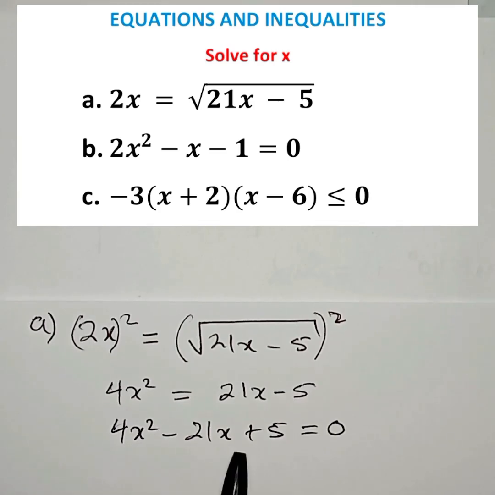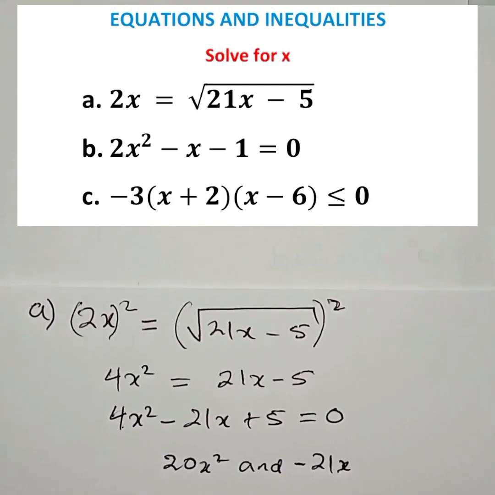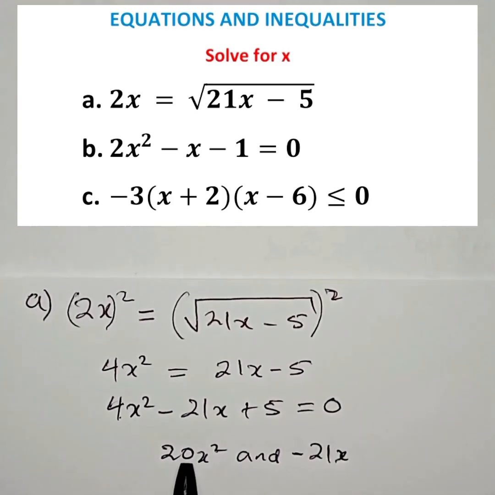Now to factorize such, you are going to say 4x squared times 5, you are going to get 20x squared. Then you say and the middle term minus 21x factors. So you are going to look for two numbers that if you multiply them, you get that, and if you add them, you get that.